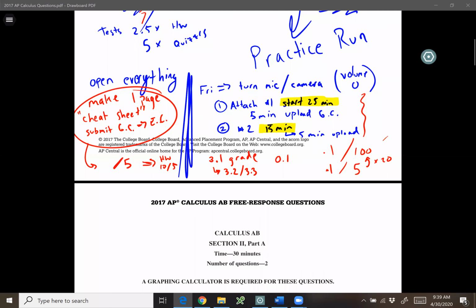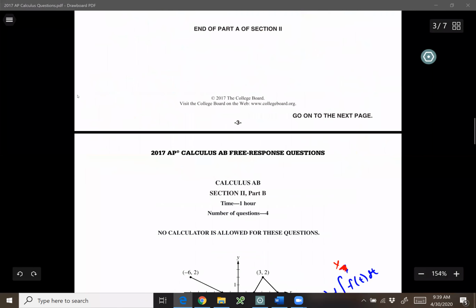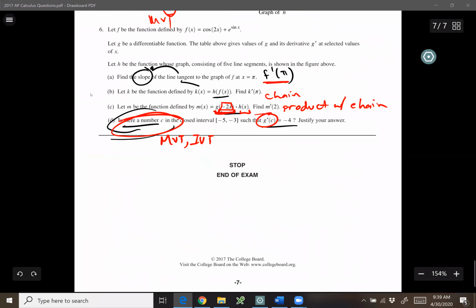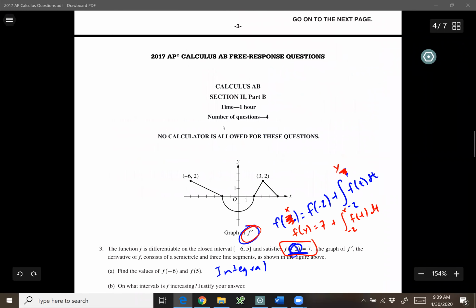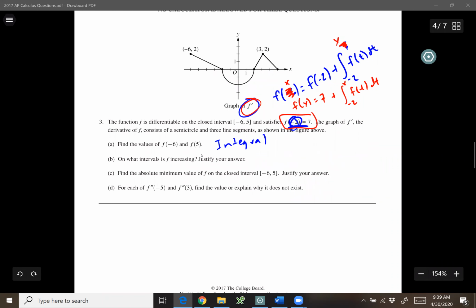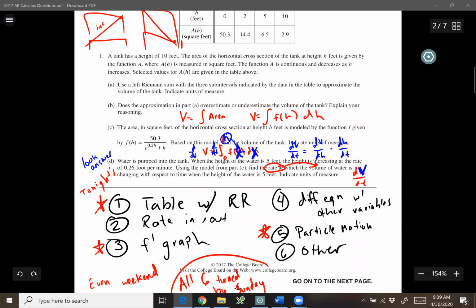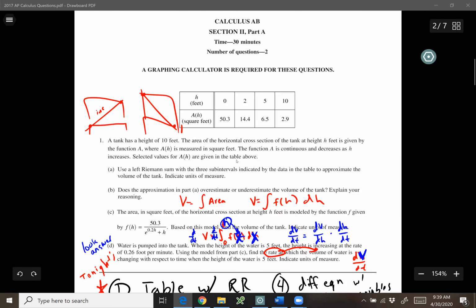okay, there are going to be other things, so there might be something like D here, like an MVT, IVT, but my hint is definitely know how to do something like question 3, and definitely know how to do something like question 1.